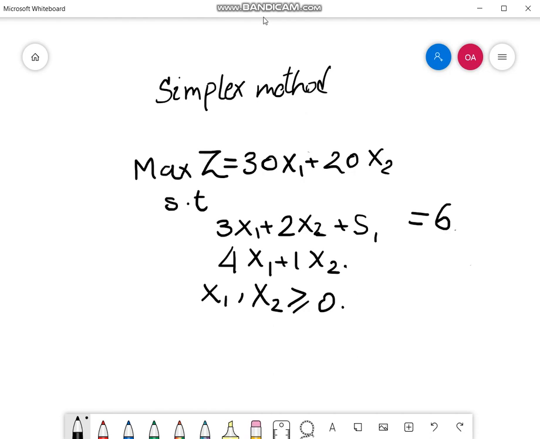The other constraint will also allocate the other resource, so this is gonna be plus S2. So the allocation for the first resource is S1, and for the second resource it will be S2.